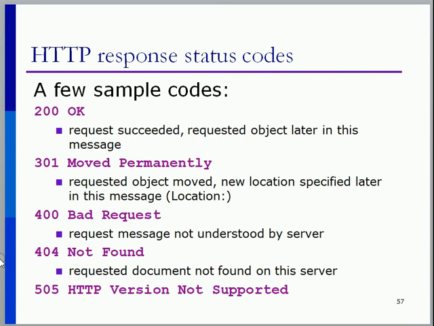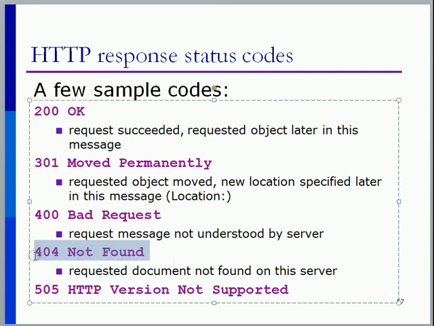And here are a few sample response codes. You see this, right? If you don't know what this is and you don't recognize it, you really need to go out of your way to learn the internet, because 404 page not found is something everyone knows.